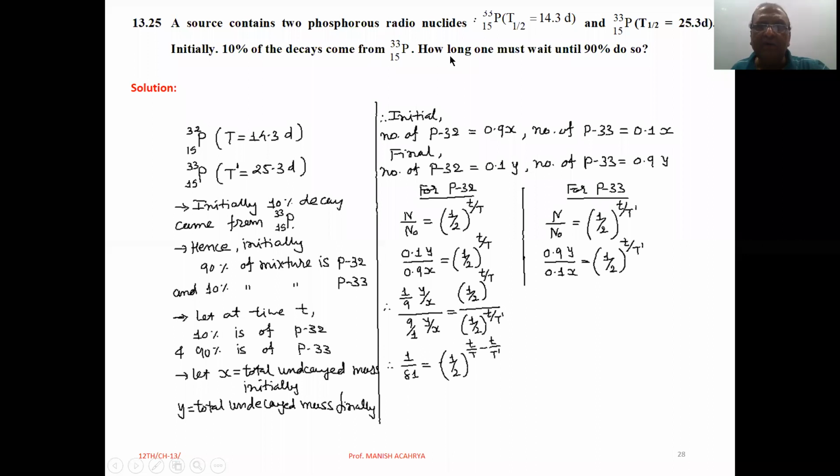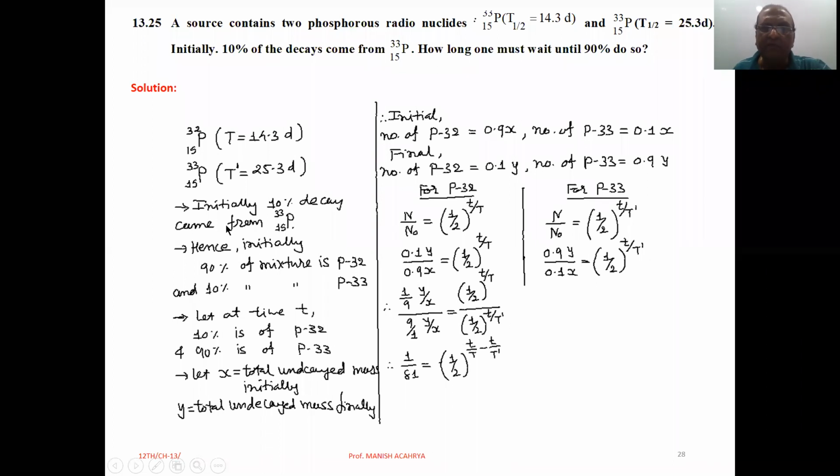And now how long must one wait until 90% do so? Okay, take 32 in this. So 15P32, this first one. Here there is a printing mistake. So half-life that is 14.3 days. 15P33, half-life capital T dash, that is 25.3 days.